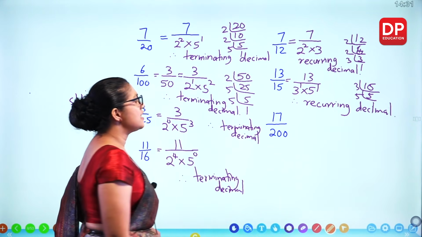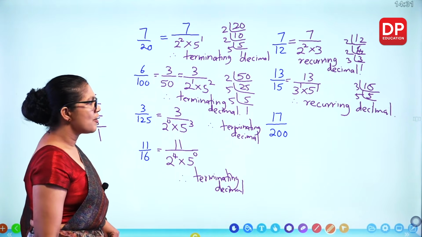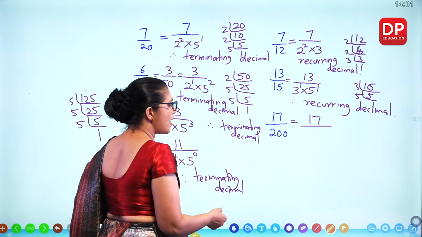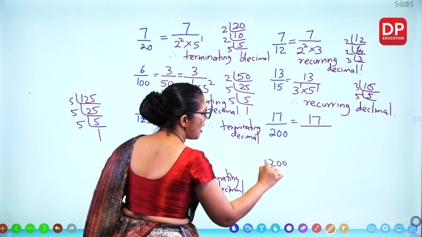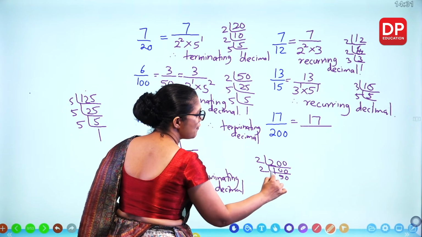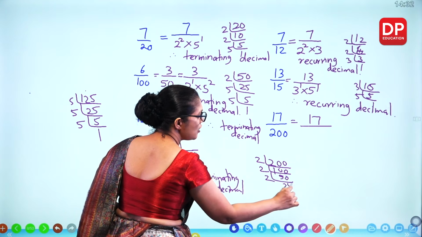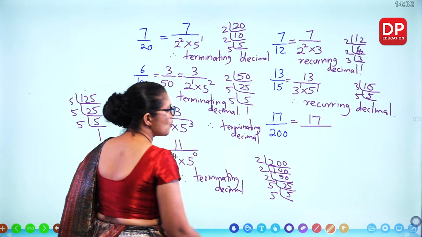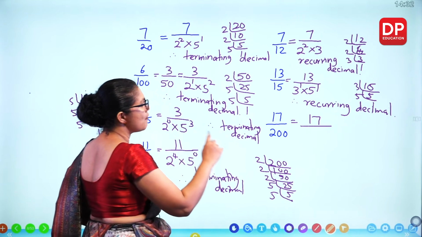What about 17 over 200? So we'll try it out. 17 is there. 200, how can I write? 200 divide by 2, you get 100. Divide by 2, you get 50. Divide by 2 again, you get 25. So 25, 5 and 5. So can we write down in the other form?